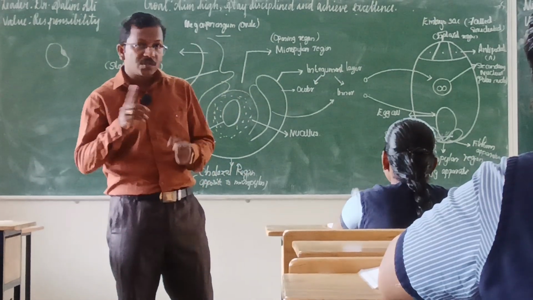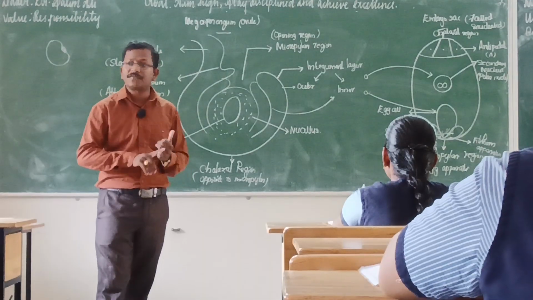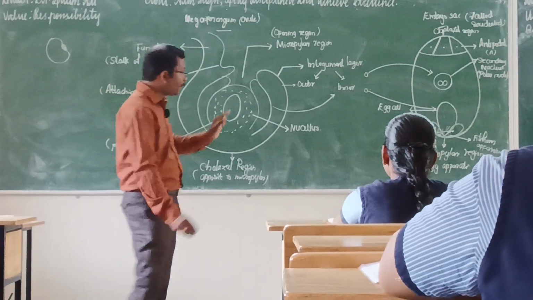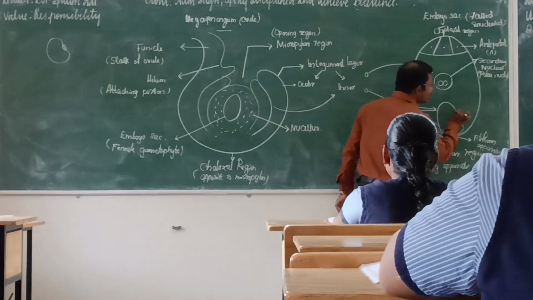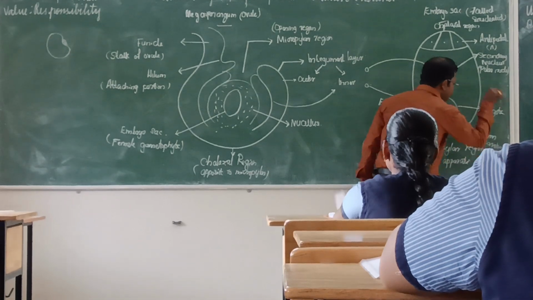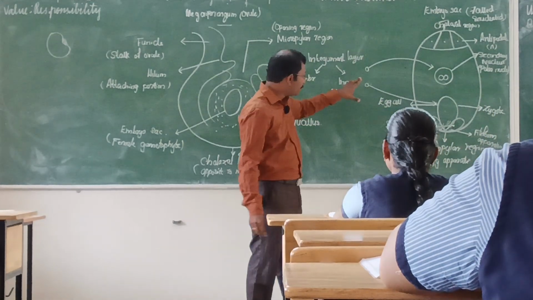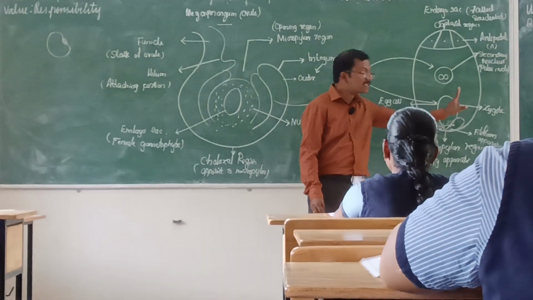The one that fuses with the egg cell results in the formation of the zygote. So one male gamete fuses with the egg cell and results in the formation of the zygote.